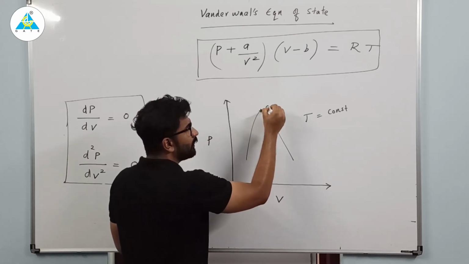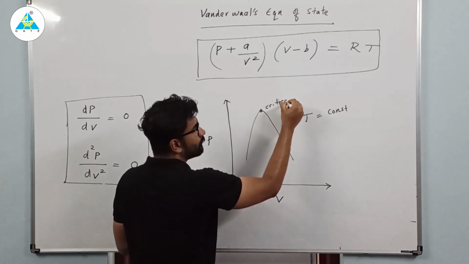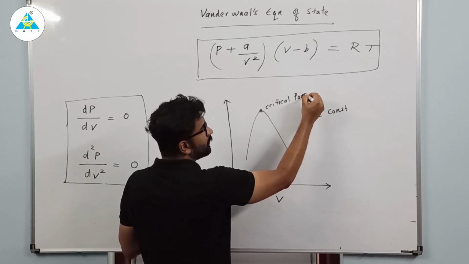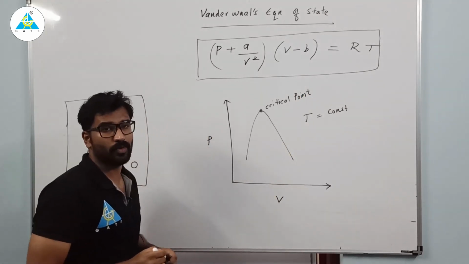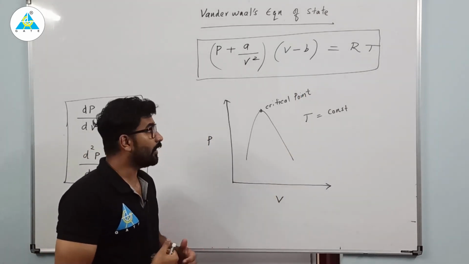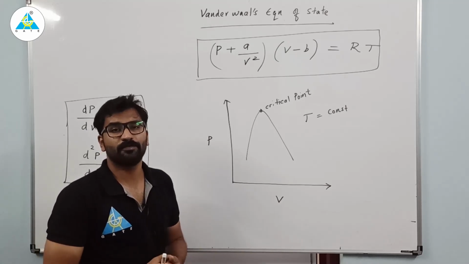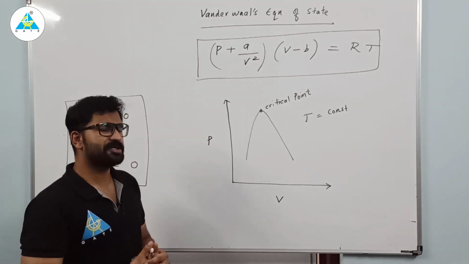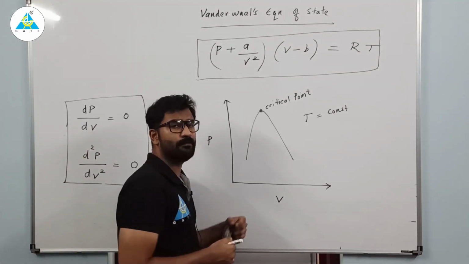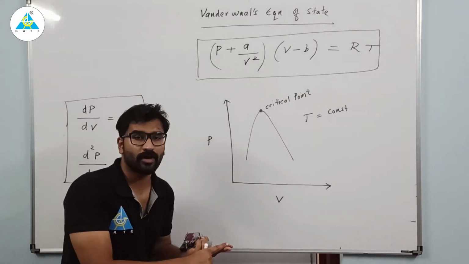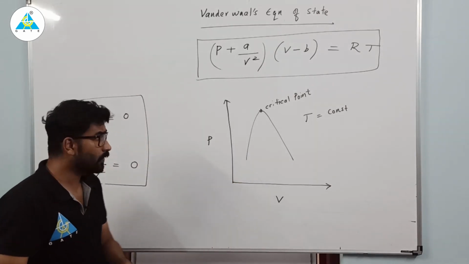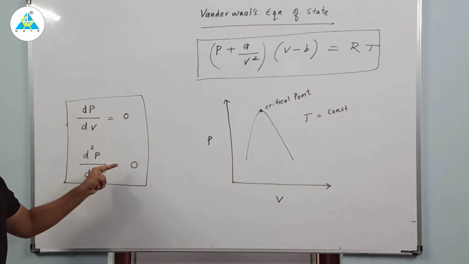So this point is called the critical point. We already said the critical point is a point of inflection, that is, our graph is changing its shape at that particular point. What is the speciality of an inflection point? Both dy by dx and d square y by dx square will be equal to 0. Now you can equate both to 0.